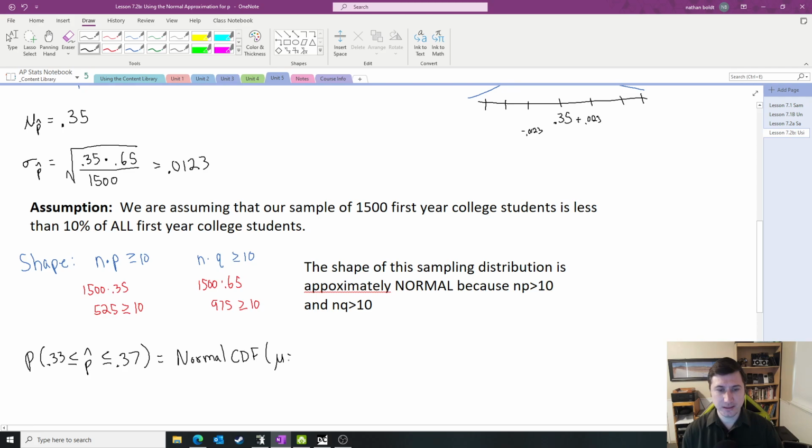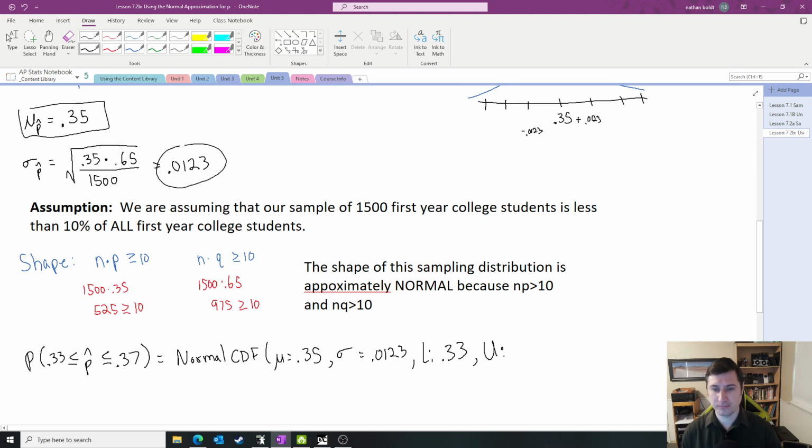Our mean is equal to 0.35. We got that from up here. The standard deviation is going to be equal to 0.0123. We got that from our calculation there. The lower is 0.33. And our upper is equal to 0.37.